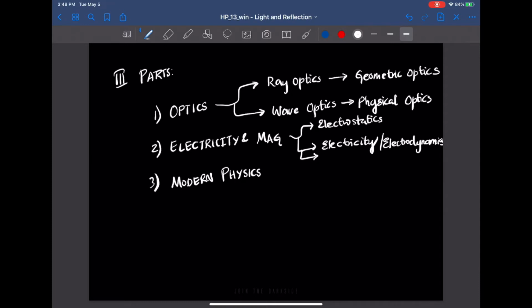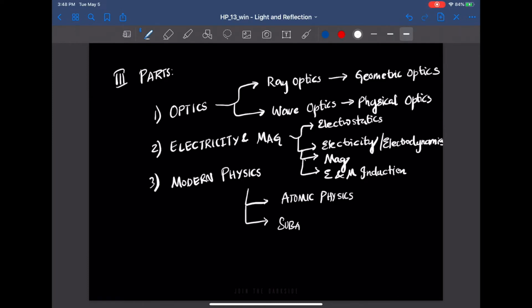And we'll finally talk about magnetism and end with electromagnetic induction. And finally, in modern physics, we'll discuss two parts. One, atomic physics. And number two, nuclear or subatomic physics.